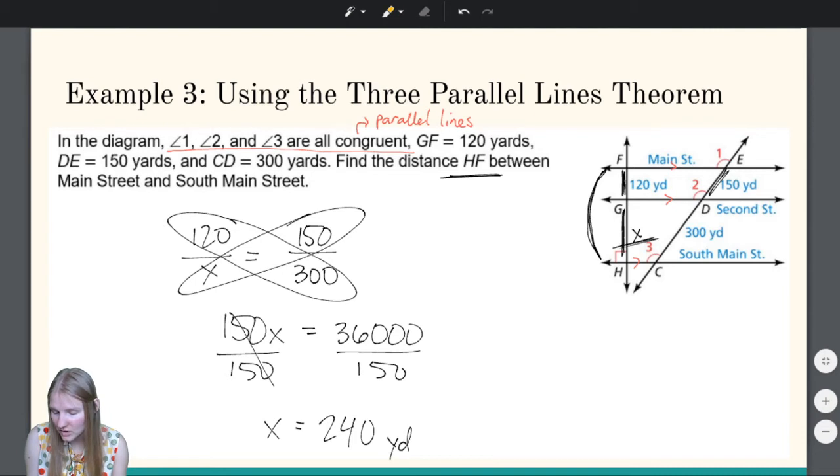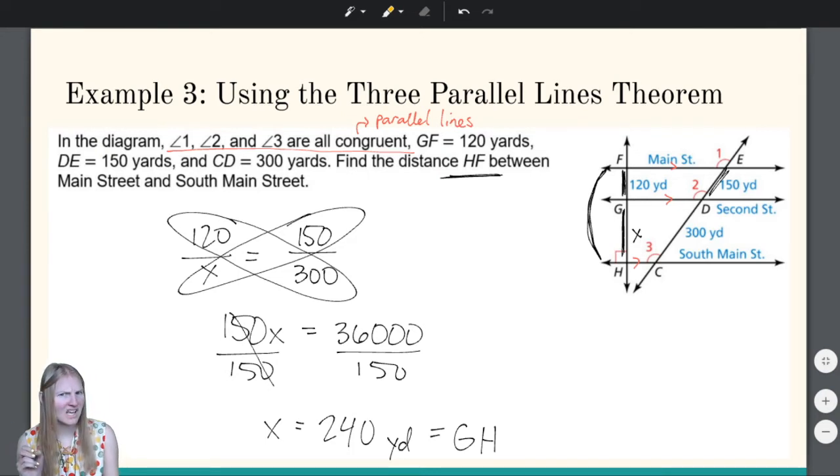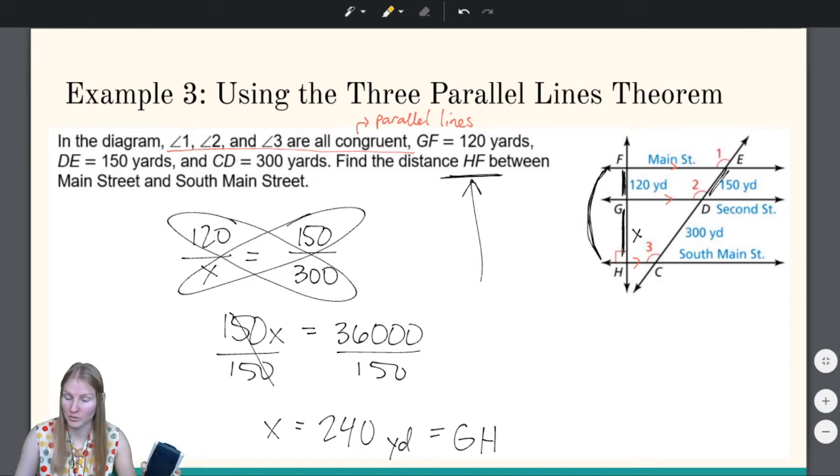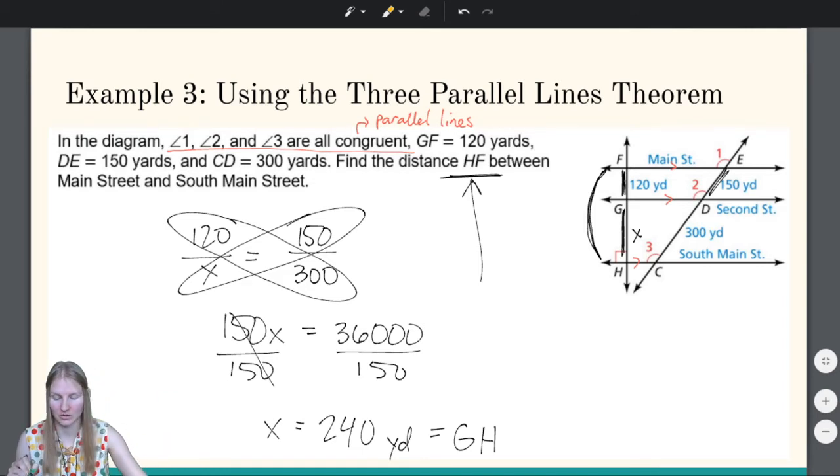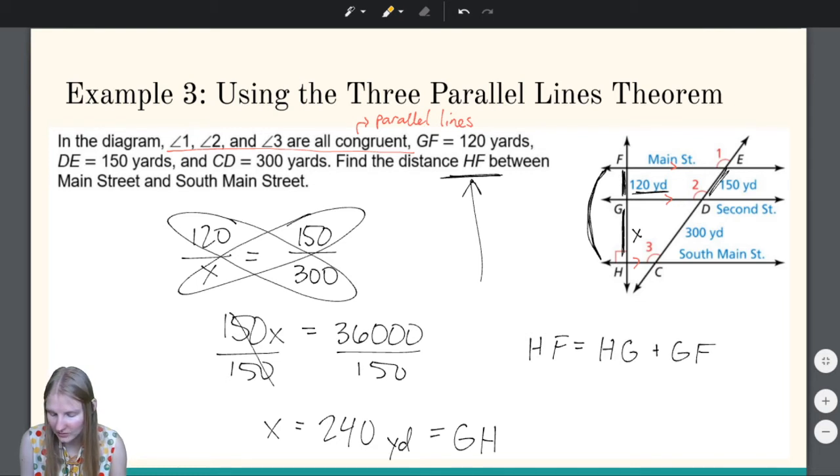But this was GH. This is the length of GH. Did we want the length of GH? No, we wanted the length of HF. We wanted the total length between Main Street and South Main Street. So we need HF equal to HG plus GF, these two pieces.